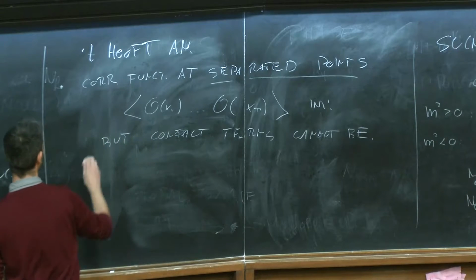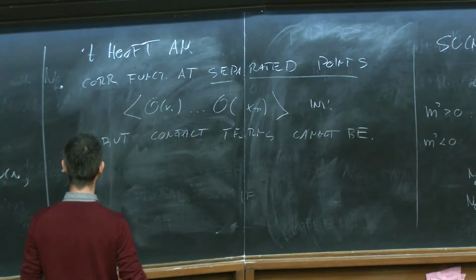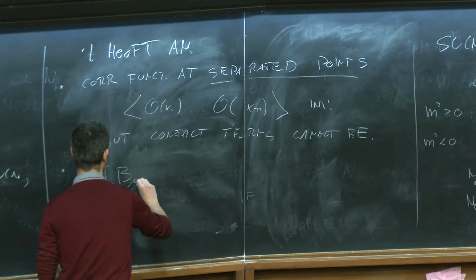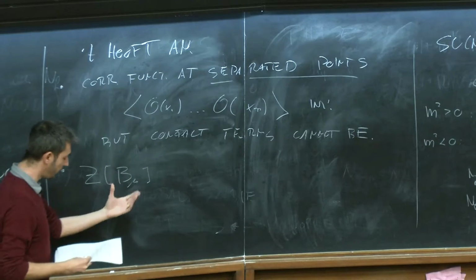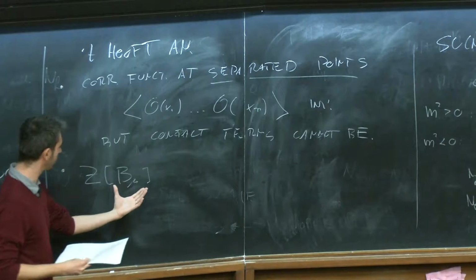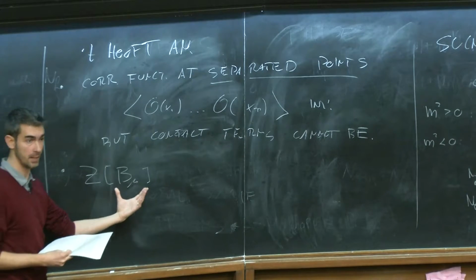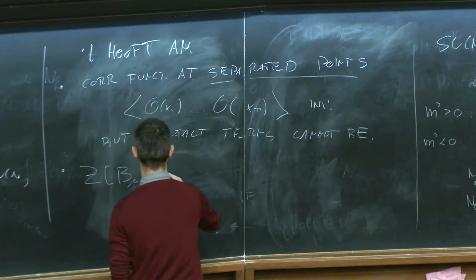Now, another way to rephrase this in our language of coupling to a background field is that you couple to some background gauge field B, and you compute your partition function. You would expect this partition function to be invariant under gauge transformations of B, but in fact it is not.